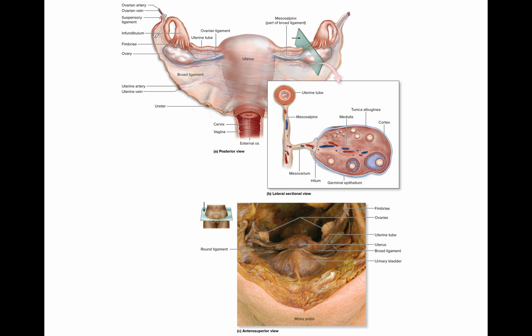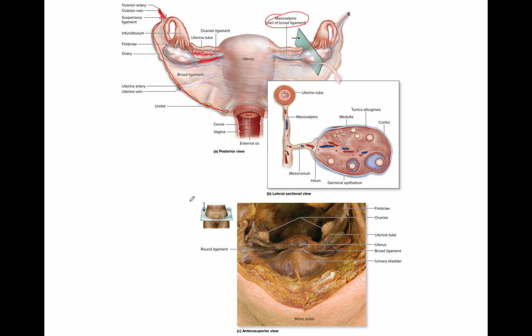All of this, you see all of that layer right here, that's all of the broad ligament. This portion right here is the mesoovarium. Forgive that name right there. This is a different book's picture. You see up here a suspensory ligament, and you see right here an ovarian ligament.